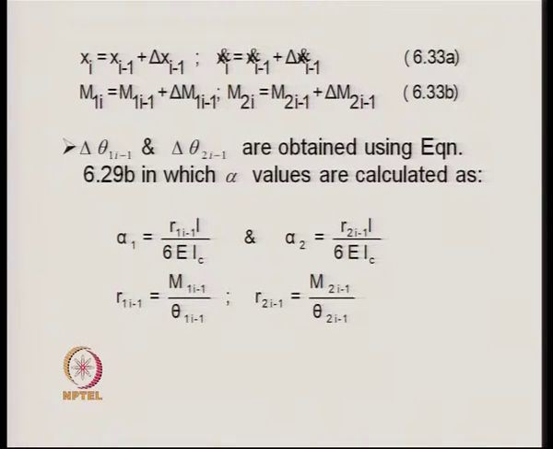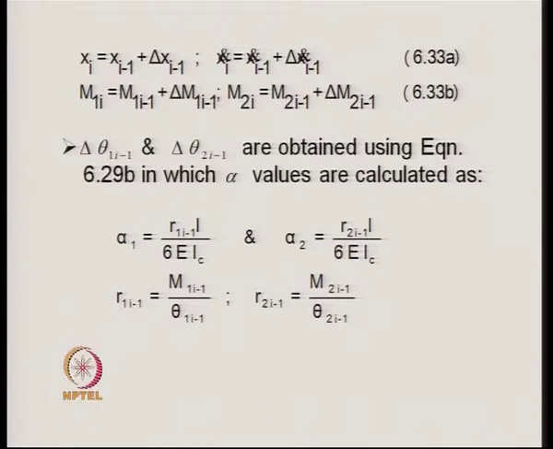For that, we should be able to find out the values of delta theta 1 I minus 1 and delta theta 2 I minus 1, that is the incremental rotations at those two sections.